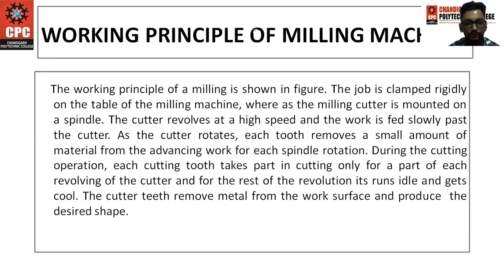As the cutter rotates, each tooth removes a small amount of material from the advancing work for each spindle rotation. During the cutting operation, each cutting tooth takes part in cutting only for a part of each revolution of the cutter, and for the rest of the revolution it runs idle and gets cool. The cutter teeth remove metal from the work surface and produce the desired shape.